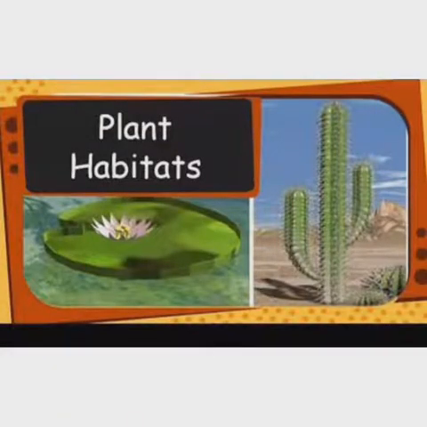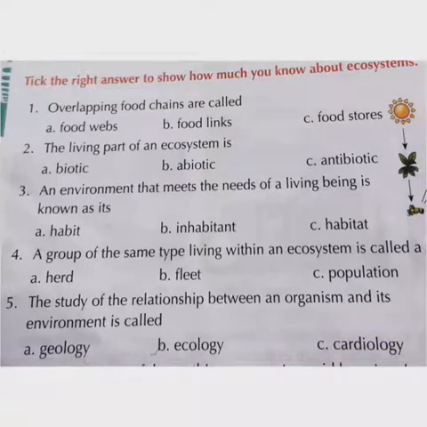Okay, C is the answer. Because habitat means a place where an organism makes its home. Habitat means all the environmental conditions an organism needs to survive. So C is the answer.